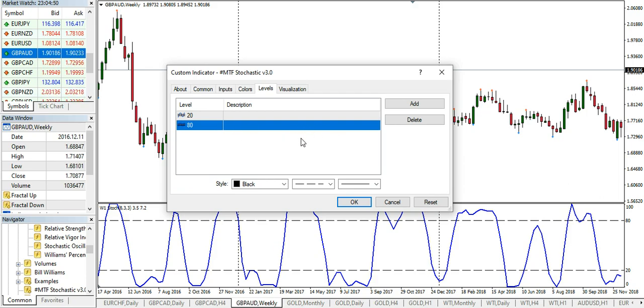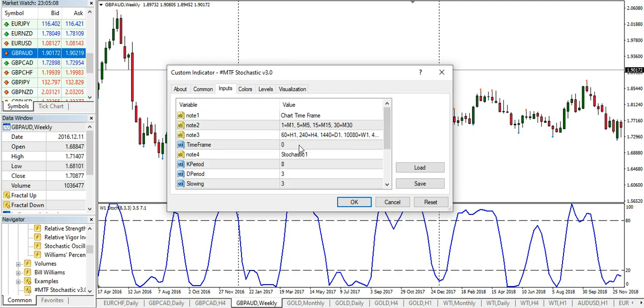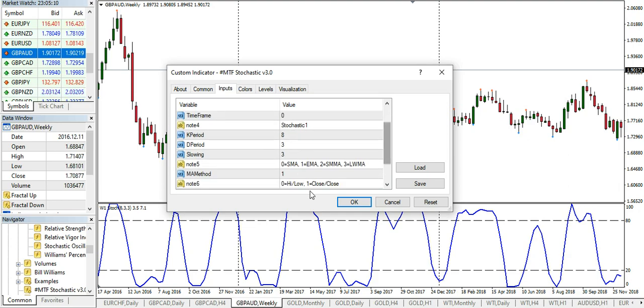That's the only two that we are interested in. You can make it whatever color and width you want. I am using blue for this demonstration.